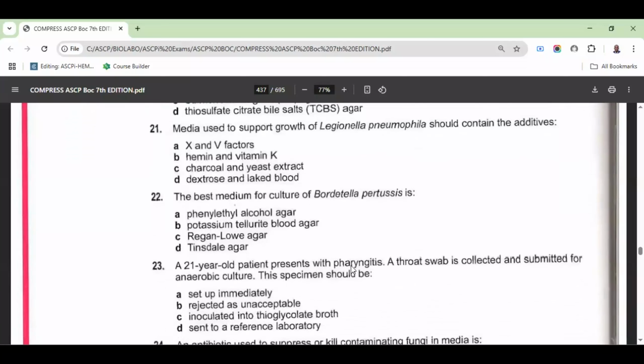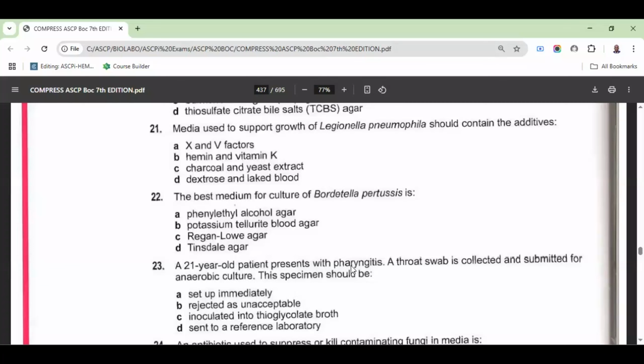Regan-Lowe. Regan-Lowe agar is used for Bordetella pertussis.